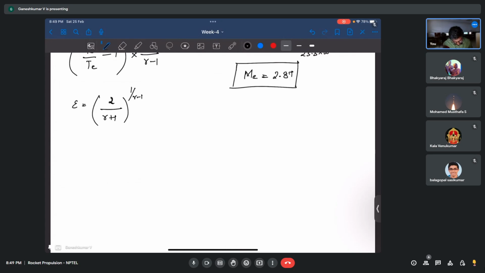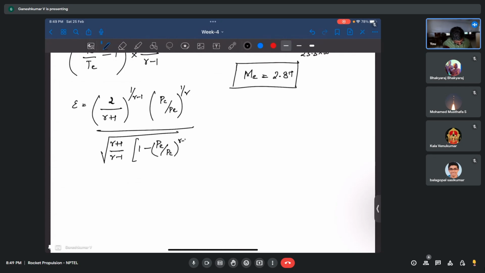Gamma minus 1 times PC minus PE by PC. You need to know there is a difference in ratio in the denominator and numerator. Yeah, this is the formula. I will substitute everything.